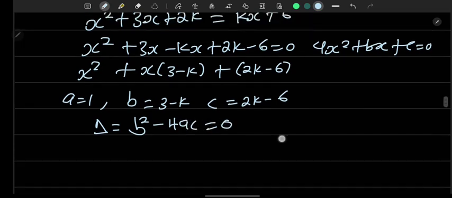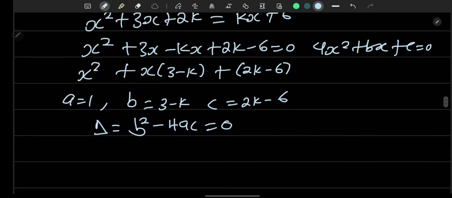Okay, so this is when a line is a tangent to a curve. That means you only have one point of intersection. So when the line intersects the curve at two distinct points, that means your discriminant there will be greater than 0. Okay, but since the line is tangent to the curve now, we have to equate the discriminant to 0.